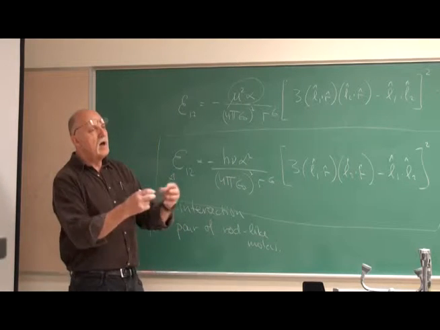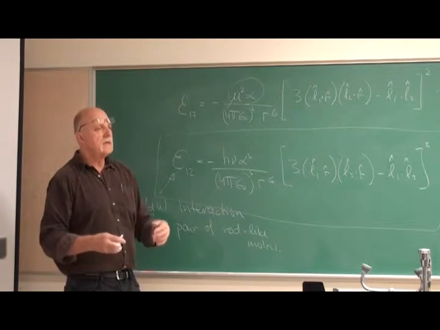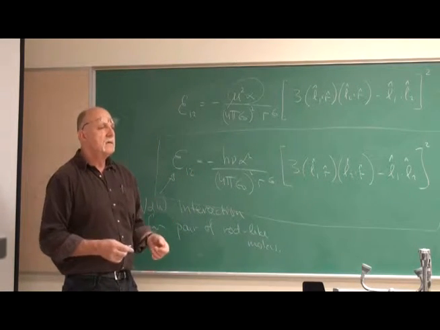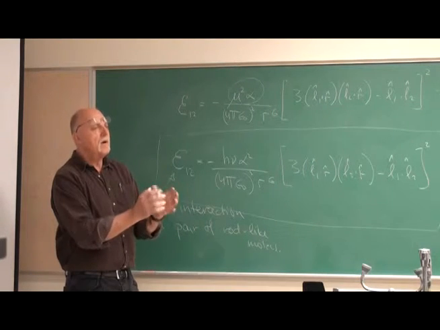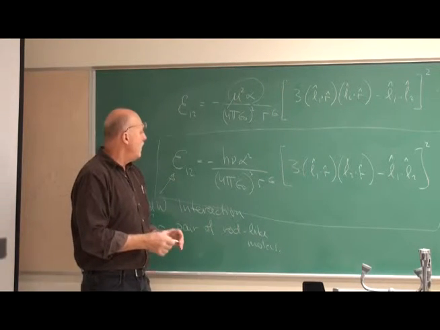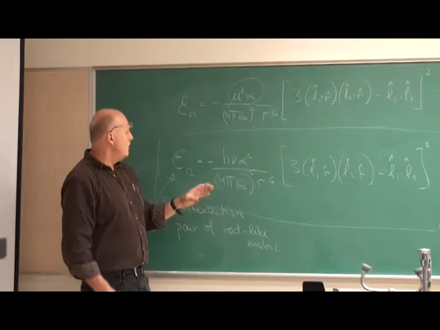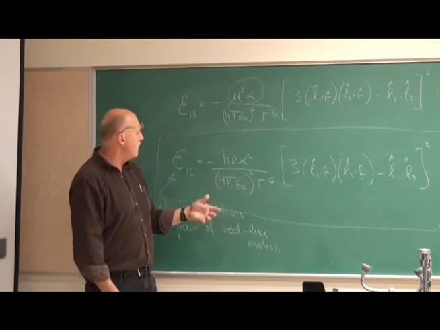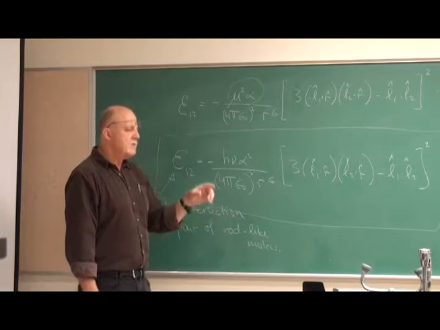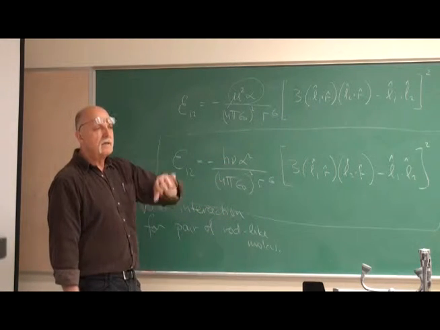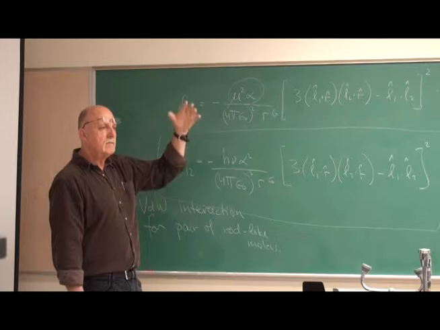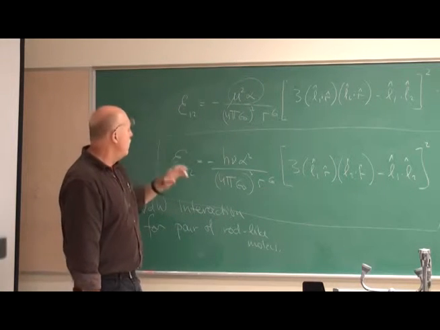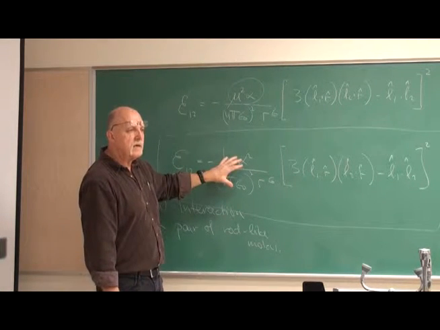For long molecules, polarizability is higher in that direction, so you would have to somehow worry about that. But basically, yeah, this is the correct thing, and you can use this to calculate, for example, the critical temperature, right? The critical temperature where the liquid turns into a vapor from this result here, right?